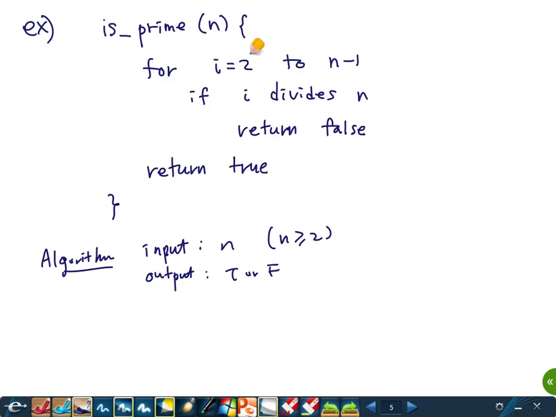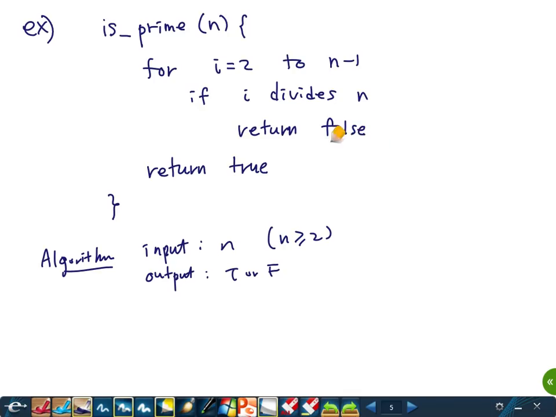All right, so let's see. We are entering the fourth statement. i is from 2 to n minus 1. Now we have an if statement. If i divides n. This is just pseudocode, so we can sometimes write some kind of natural language like this. If i divides n, then return false.